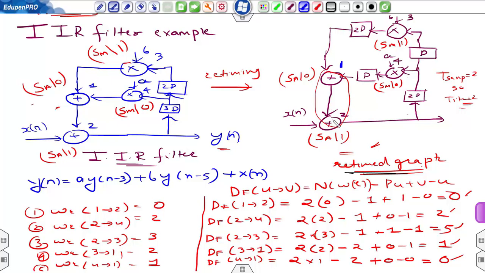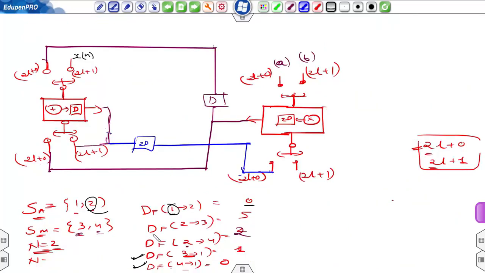It is also receiving its input from node 2, which is an adder. So 2 to 3 gives 5. Okay, so the output of the adder with 5 delay elements in between should be connected to this point. I have already included 2 delays, so I just have to add 3 more delays, and the output of that can be connected to this point.